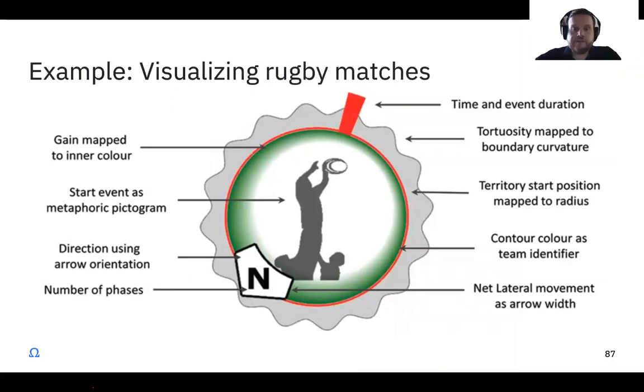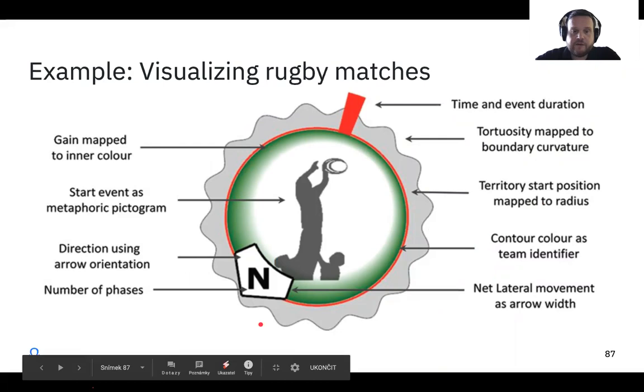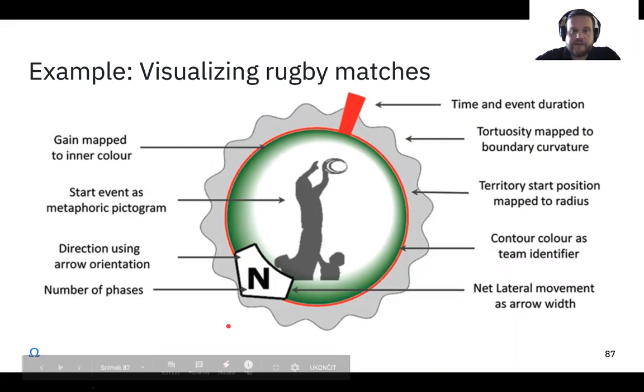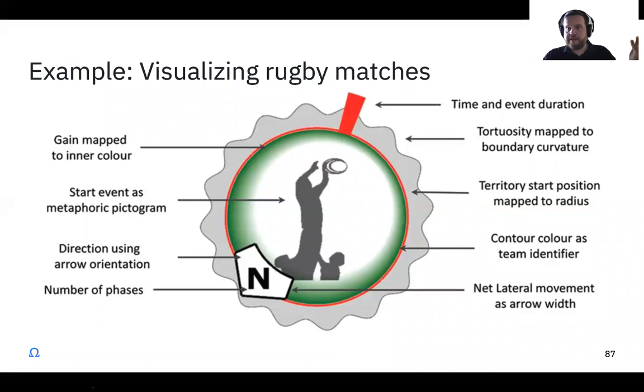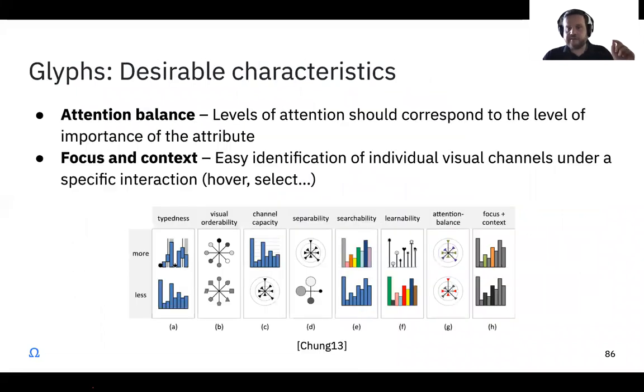This is what has been considered a nice work: you can visualize rugby matches. So here we see how we can visualize various dimensions. So this is just an example. This is maybe to look at it later. We're not really going to unpack it with respect to these seven attributes, or are there eight rather?